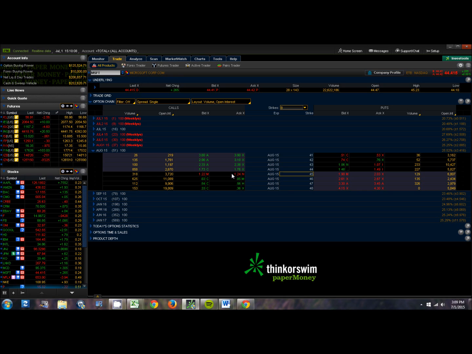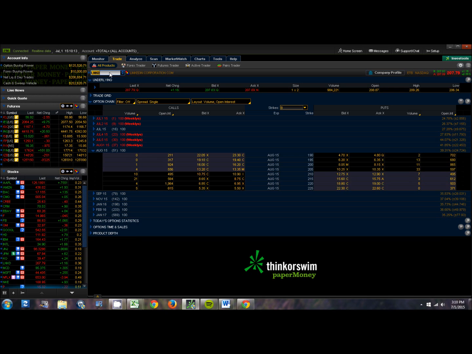So there's Microsoft. If we look at LinkedIn, which is another one that I wanted to go to, LinkedIn is selling for just under 208, right? So let's look at the puts just to do something different. The 205 put would be your first put out of the money. The mid price here is $10.30. For a stock with such a high price of a couple hundred dollars, a 10-cent wide market is actually pretty narrow. So at a $10.30 cost for this option, that is all time value, right?